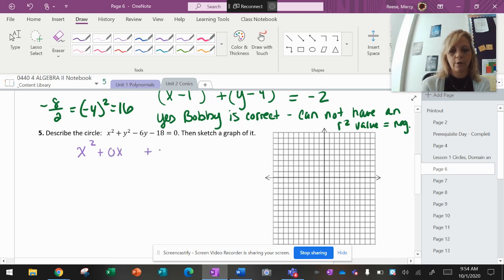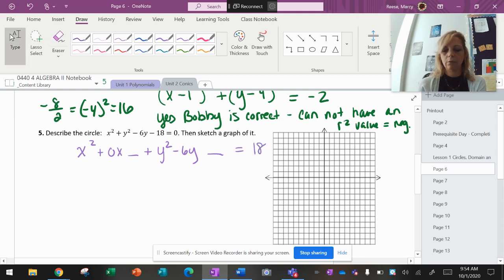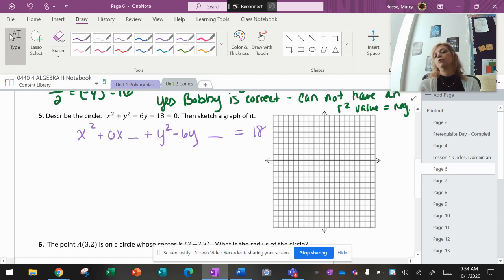Because there's no x value, but there's a y squared minus 6y. Leave your space. I'm going to put 18. I'm going to give you a minute, and if I don't give you long enough, then hit pause on the video. But I'm going to give you a minute, and I want you to try that. Set it up in that format that we've been using, that center radius format. Okay? Take a minute.